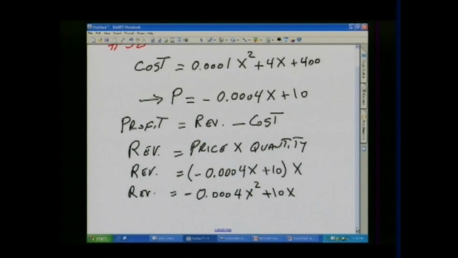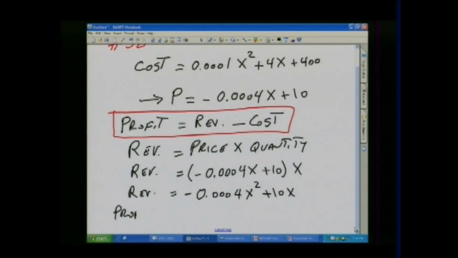Okay. Now, since we know profit is calculated by subtracting cost from revenue, we can go ahead and say profit is equal to revenue, just shown here, or this one here, minus 0.0004x squared plus 10x, minus the cost.